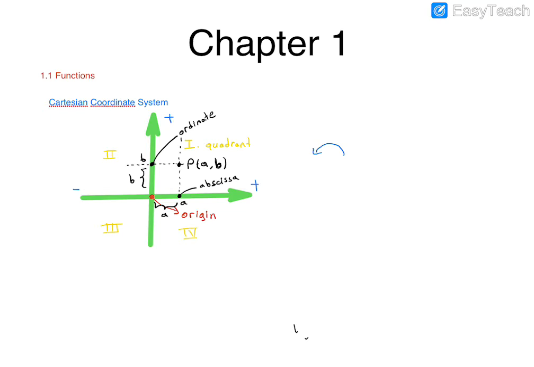When the point is given on the plane, you can find the ordered pair. Briefly, the procedure we have just described assigns to each point P in the plane a unique pair of real numbers A, B, and conversely, if we are given an ordered pair of real numbers A, B, then reversing the procedure, we can determine a unique point P in the plane.